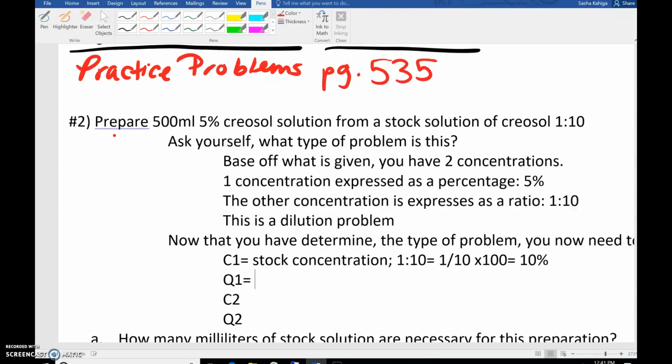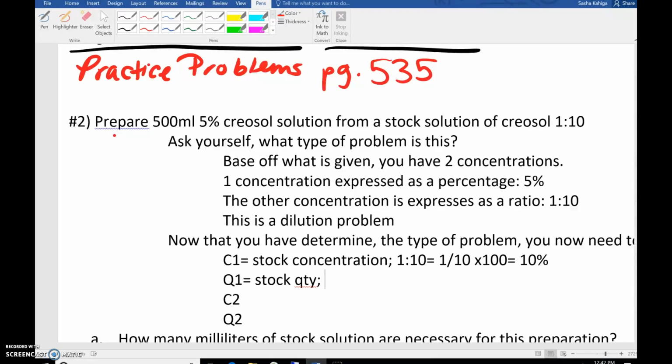Now, your next thing is Q1. What's your Q1? Well, if I read the problem again, prepare 500 milliliters, 5%. That's what I'm preparing. That's my desired. Your Q1 is your stock quantity. You do not have that in this problem.